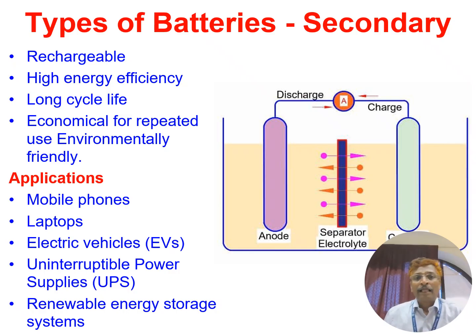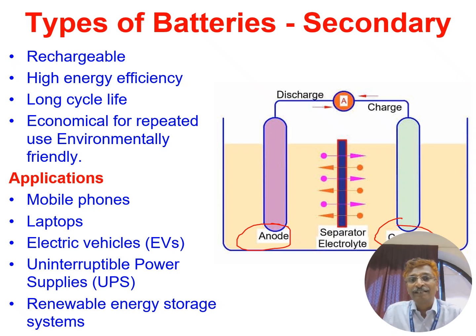The secondary cell has high energy efficiency, a long shelf life, is economical for repeated use, and is environmentally friendly. Look at the setup of a secondary battery. This is the anode and this is the cathode, which is connected to the external circuit.